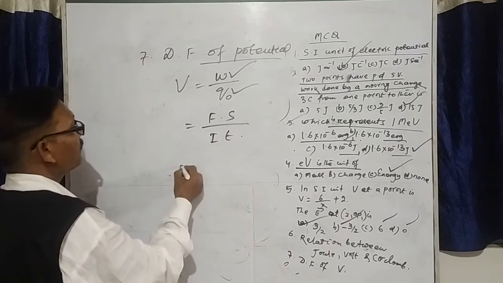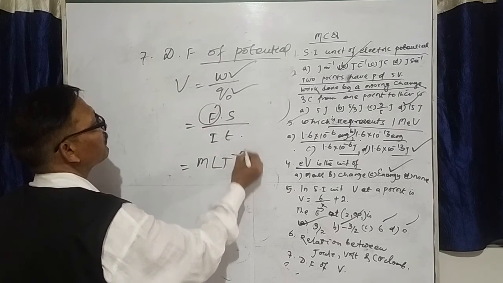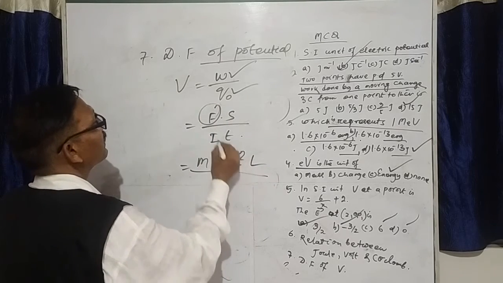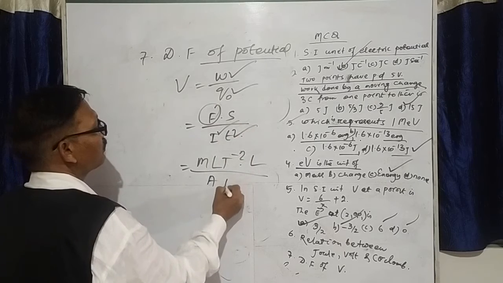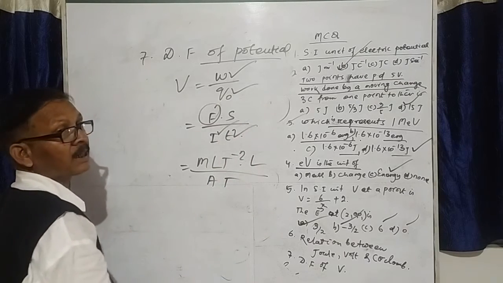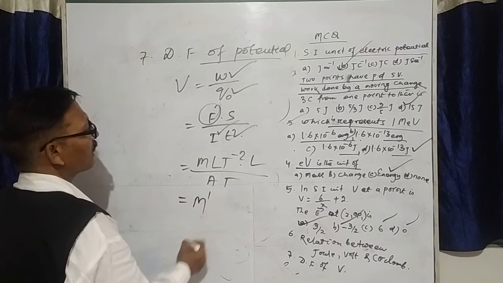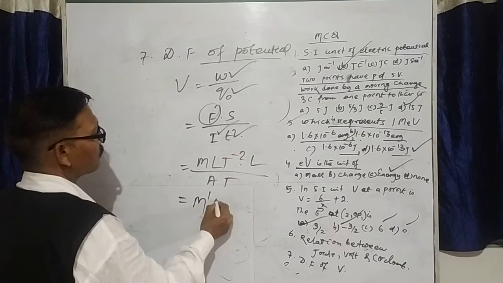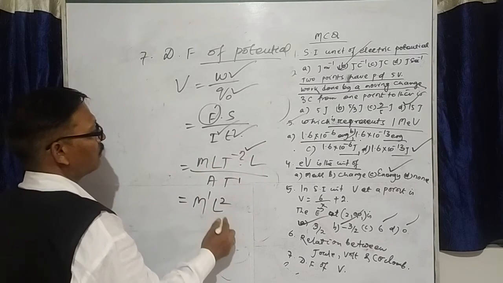Okay. Now you write force is equal to mass into acceleration. Displacement is equal to L, divided by I, which is current, that is ampere, and T is time. You see the fundamental symbols. Now arrange in proper order: M to the power 1, L square, T to the minus 2, and T to the power 1 from the denominator goes to the top.